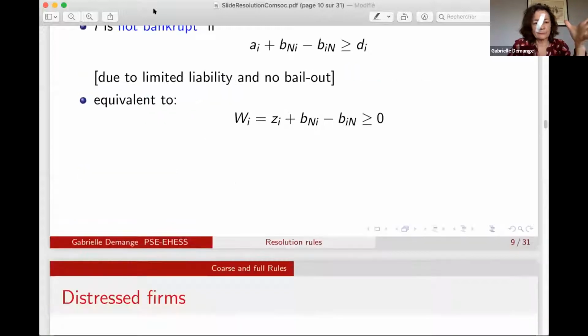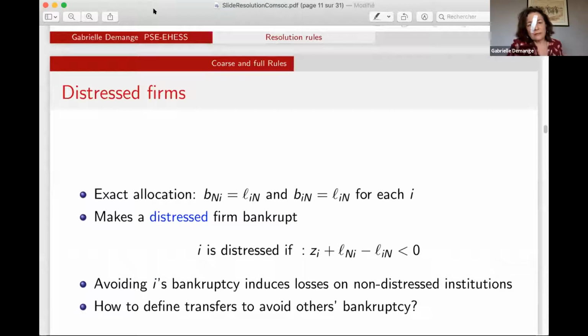It's very simple. So you could say, well, what is the problem actually? Why don't you simply specify transfers that are exact, which means full? So I have written here the aggregate repayment. The problem is that if a firm is distressed, what I call distressed, then it will be bankrupt under this exact allocation.